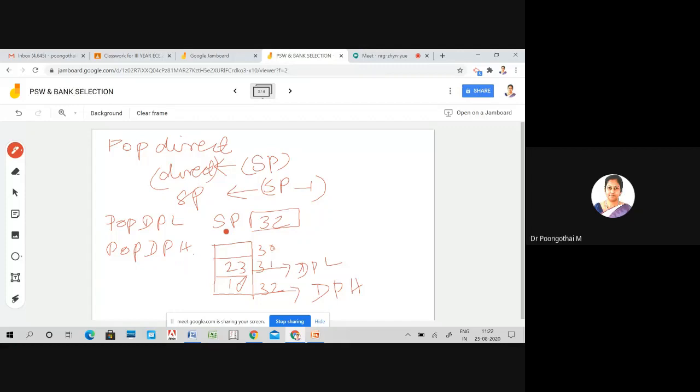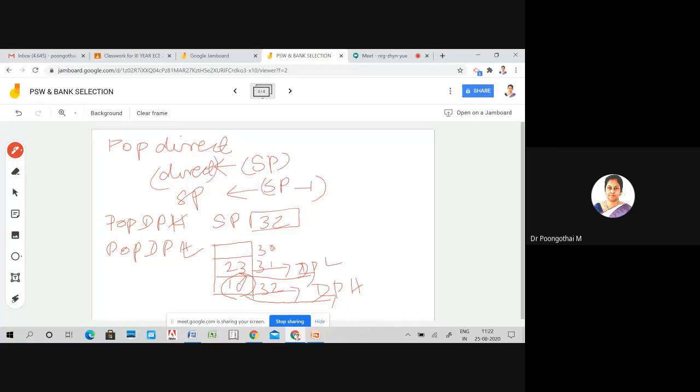Initially your stack is pointing 32. So it fetches the data element from 32 and that is popped into DPH. So 10 is popped into DPH and next 23 is popped into DPL.